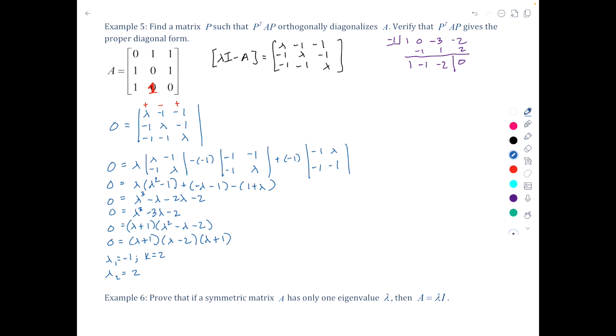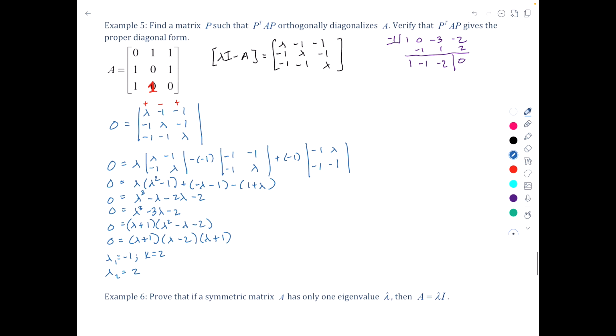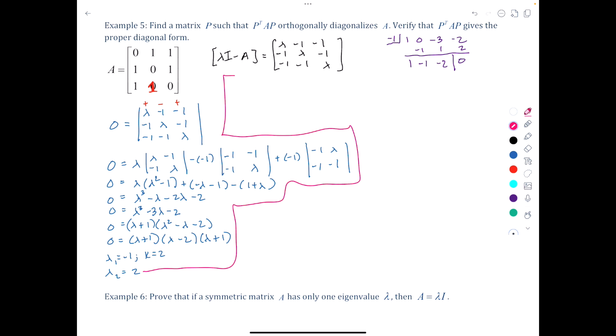And then now we need to find our eigenvectors. So here we go. For lambda 1 equal to negative 1, we'll have negative 1 times I minus A, and that is the matrix, which will equal all negative 1s.